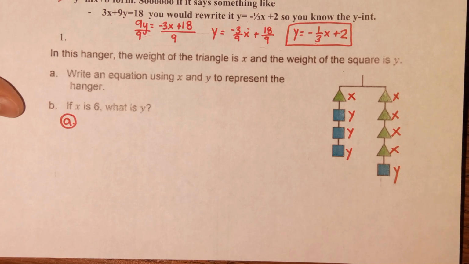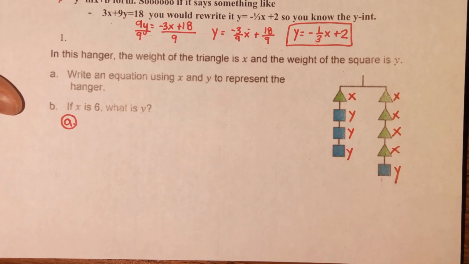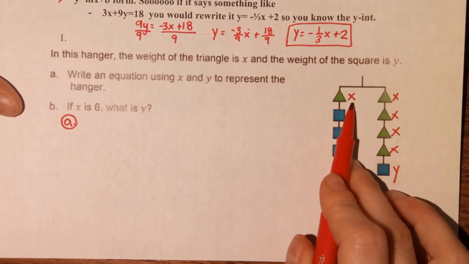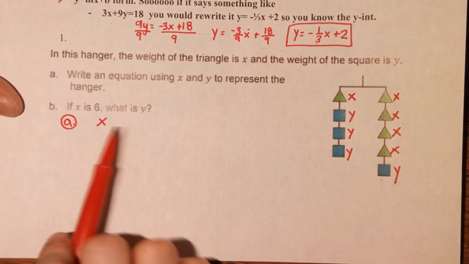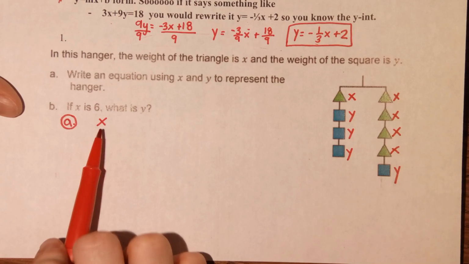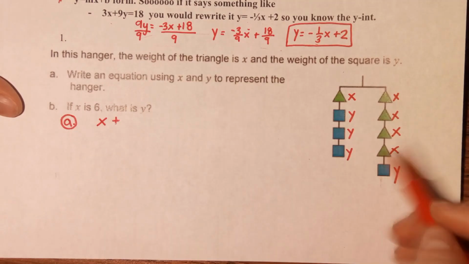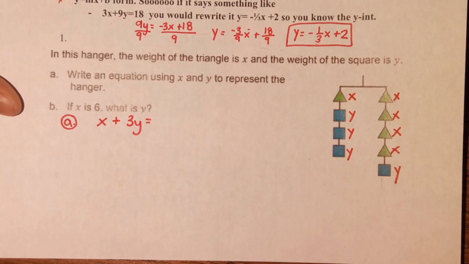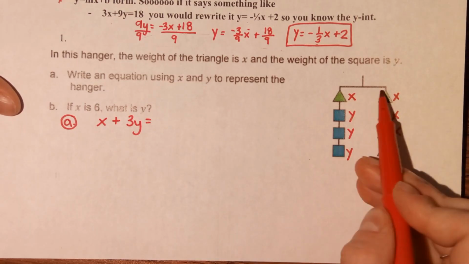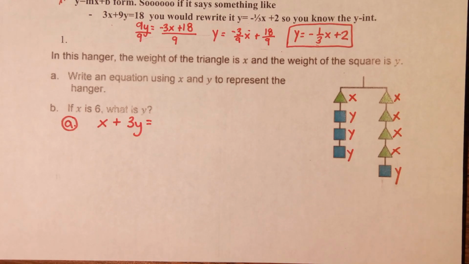And then we just write our equation. So we have one singular x. Some people will write a 1 in front of their x, but this just means 1x right here, plus our 3y, and then we write our equal sign, because after all, this is a hanger that represents equality, because they are even.